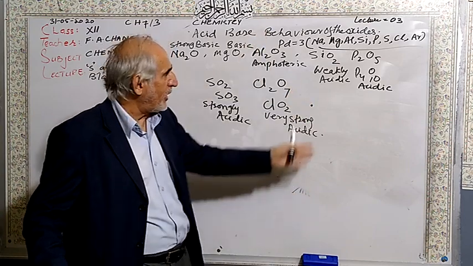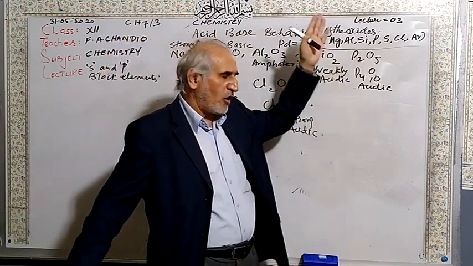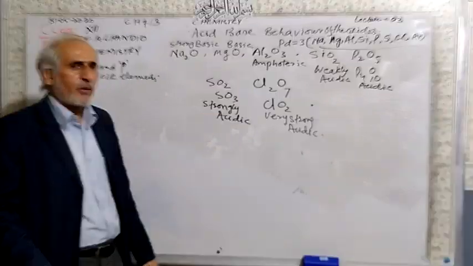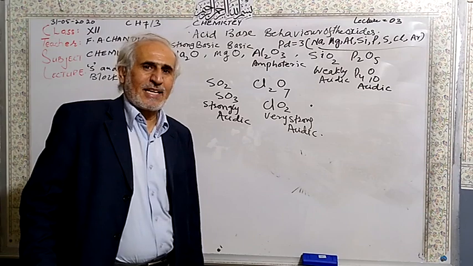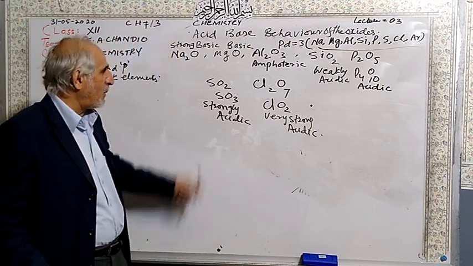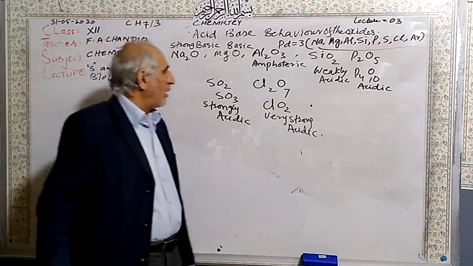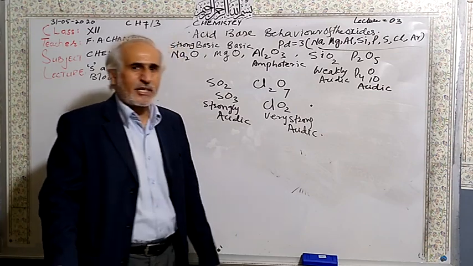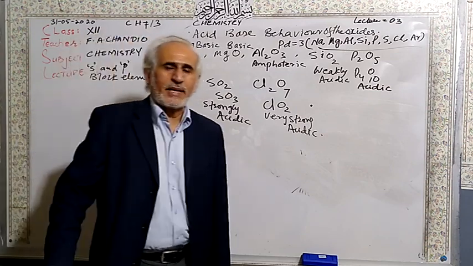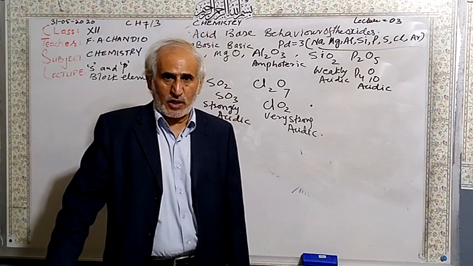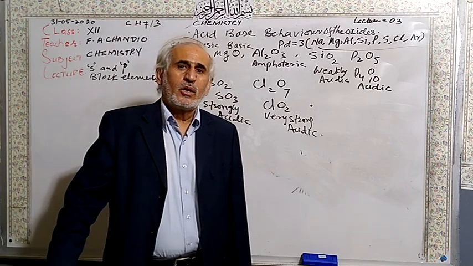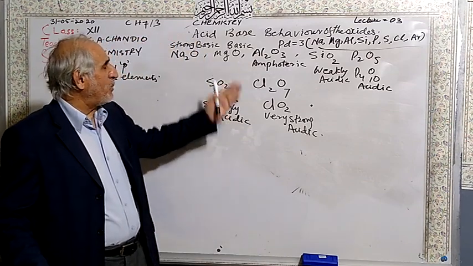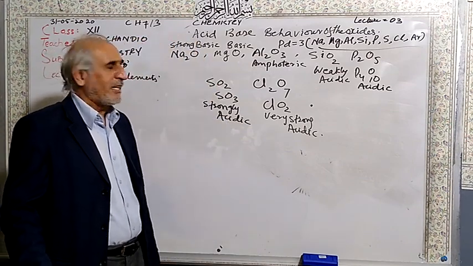Phosphorus pentoxide dissolved in water is acidic in nature. Sulfur dioxide and trioxide give sulfurous acid and sulfuric acid. This is very acidic. And chlorine oxides are very strongly acidic. They give chloric acid and perchloric acid. They are very strong in nature. So this is the acidic and basic behavior of the oxides.